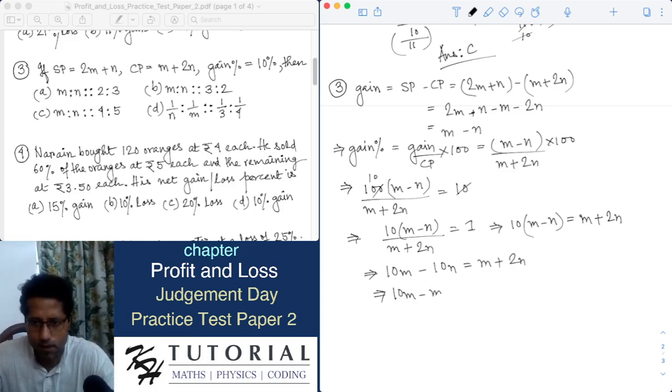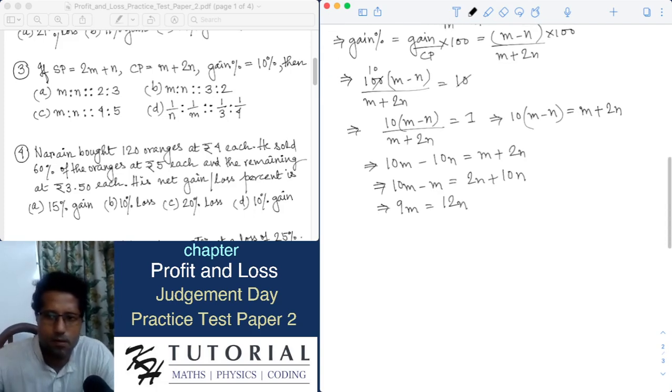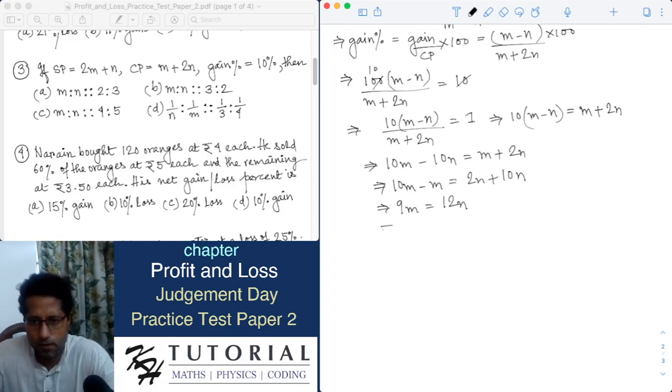Now if we bring all the M terms to the left hand side and all the N terms to the right hand side, we get 10M minus M equals 2N plus 10N. This implies 9M equals 12N. Now from here we can get the ratio M by N equals 12 by 9.